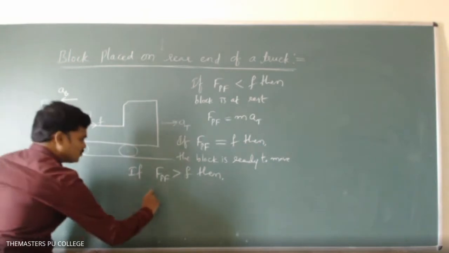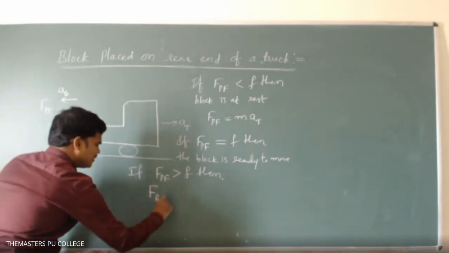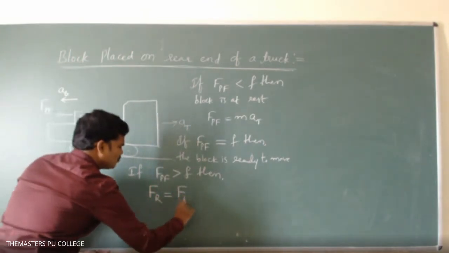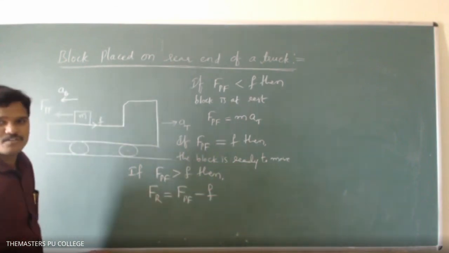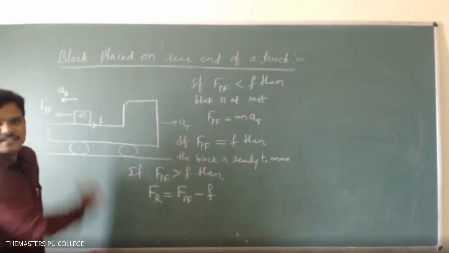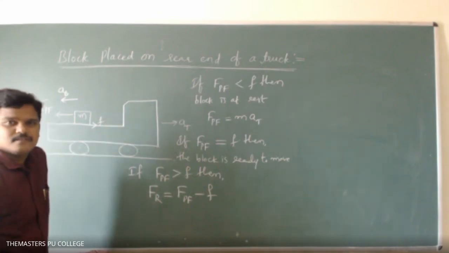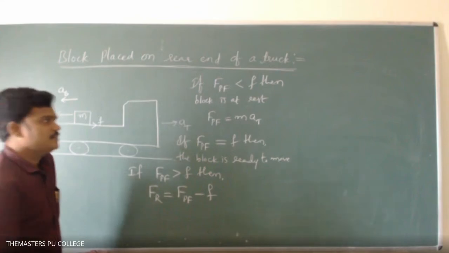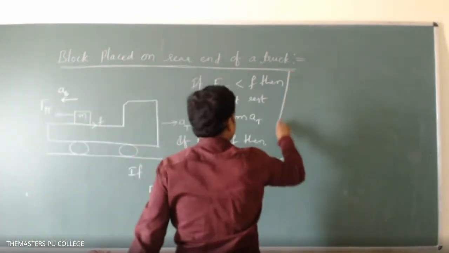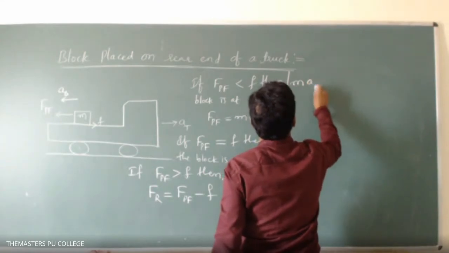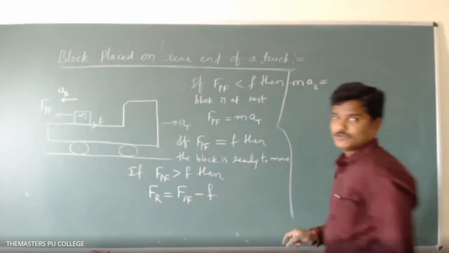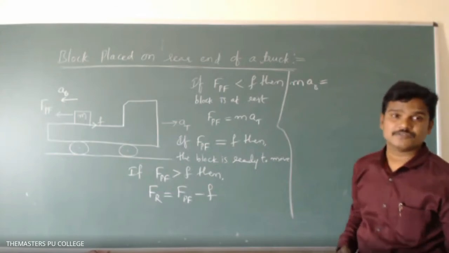Then find out the net force acting on the block. Net force acting on the block is pseudo force minus frictional force. Pseudo force is backside, minus frictional force. Net force acting on the block we can write as m times the acceleration of the block.